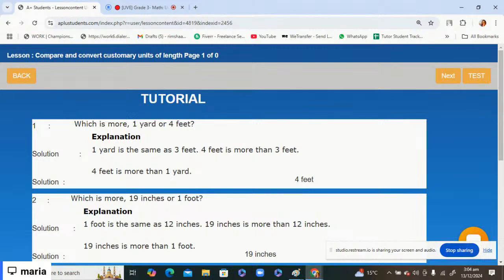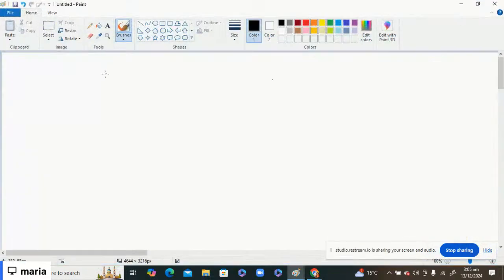The most basic units we are using for length are inches, foot, yard, and mile. So I'm going to write it here. The units of length can be measured in inches, foot, then yard, and then miles.